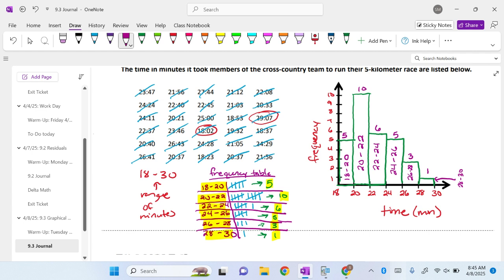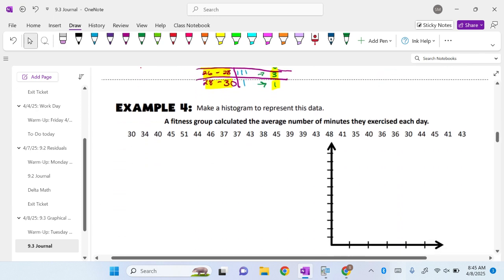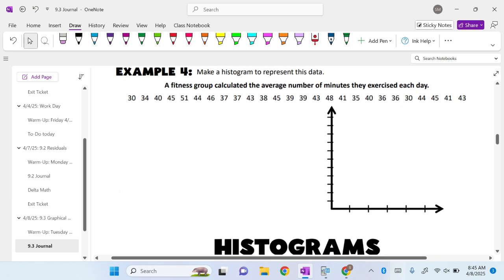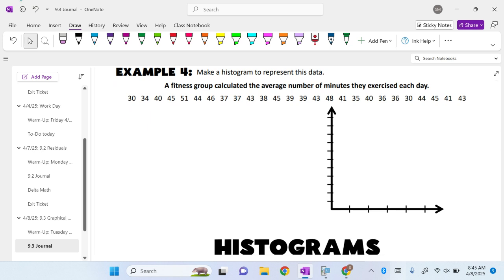All right. So what I want you guys to do for the next one is I want you to make a histogram of this data set. All right. So first off, make your frequency table. Find your highest and lowest numbers, and that would represent what you're going between. So I'm going to give you a hint and go ahead and set up your axes for you.